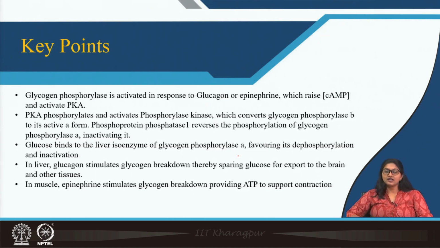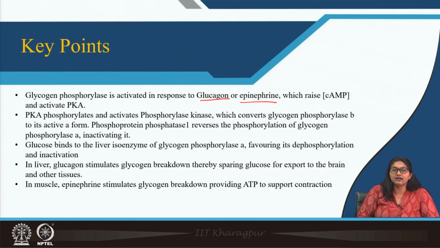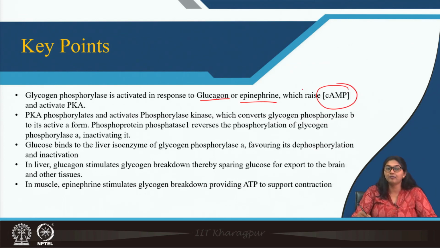So, in this session we have discussed the regulation of glycogen breakdown, the regulation of glycogen phosphorylase, which is activated in response to the hormones glucagon or epinephrine. Glucagon and epinephrine start a series of cascade reactions which ultimately raise the concentration of cyclic AMP.